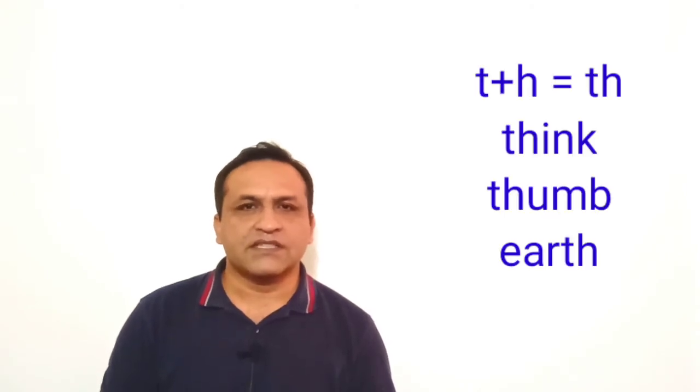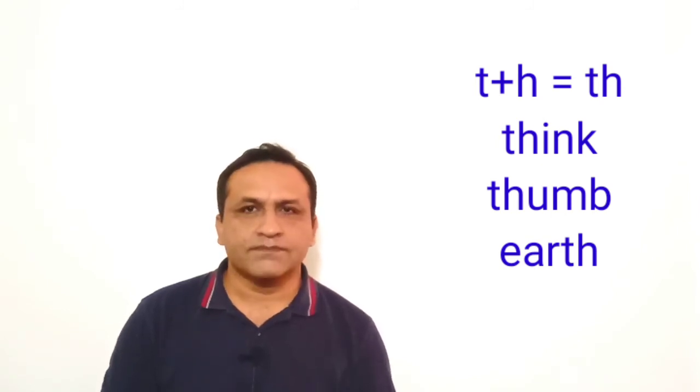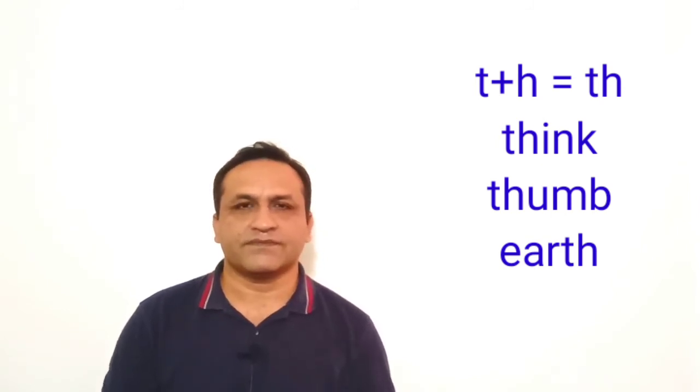Now let's talk about digraphs. When two letters together make one sound, it is called a digraph. For example, t and h becomes th, like think, thumb, and earth.